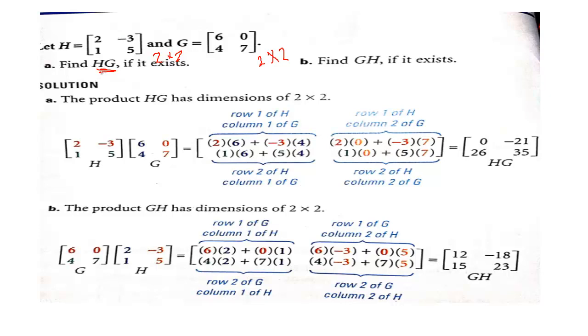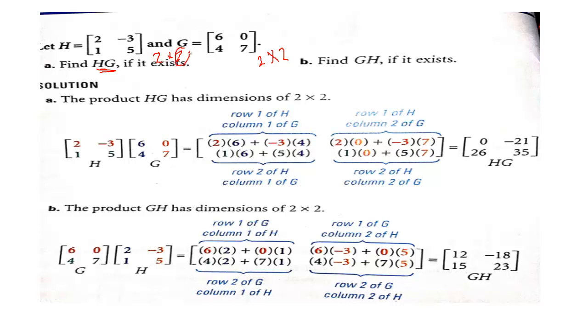HG means H multiplied by G. So I'm gonna find the matrix of H multiplied by the matrix of G. Here is H and here is G. Before we continue, we have to know whether the product between these matrices can be done or not.